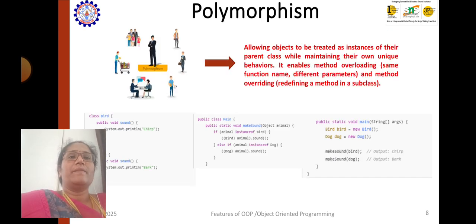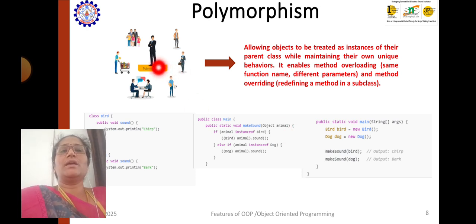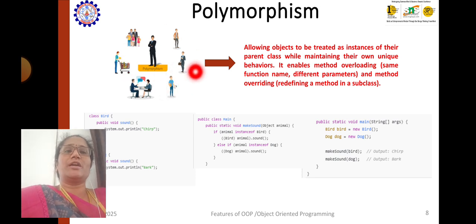Okay. Then polymorphism. Polymorphism means, poly means many, and morphism means forms. If you give a single object, it can perform different kinds of operations. For this the example is shown. You can consider any human, who is capable of performing different types of operations.